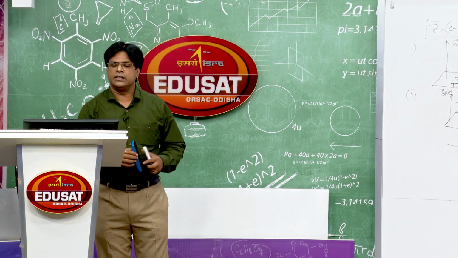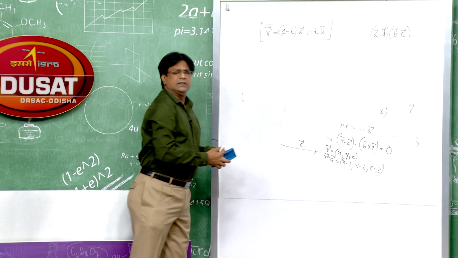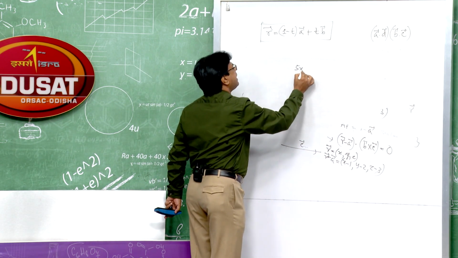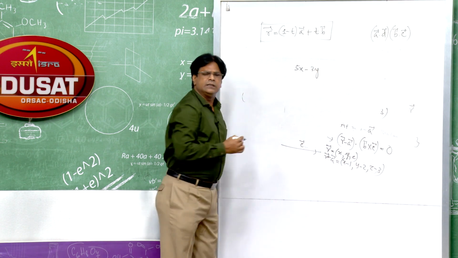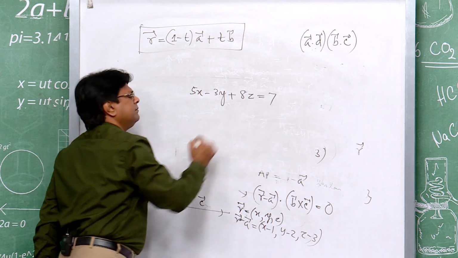Then come to the question of the vector normal to a plane. Suppose a plane is given, then you can easily find the vector normal to the plane. Suppose a plane is given as 5x minus 3y plus 8z is equal to 7.